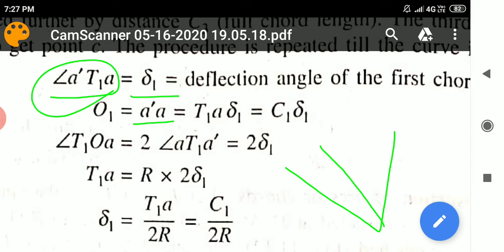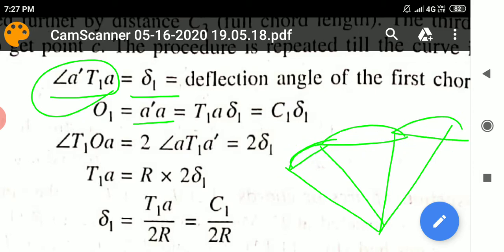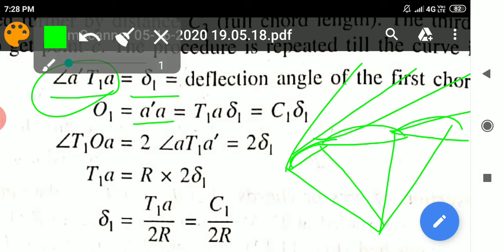See here, this is chords. Then this is O1, then this is O2, then this is O3.